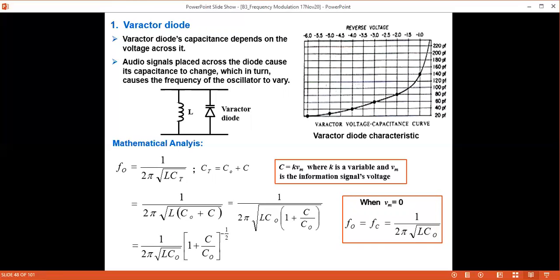If you notice, this is our FC, 1 over 2 pi square root L C naught. So this is the frequency without modulation.